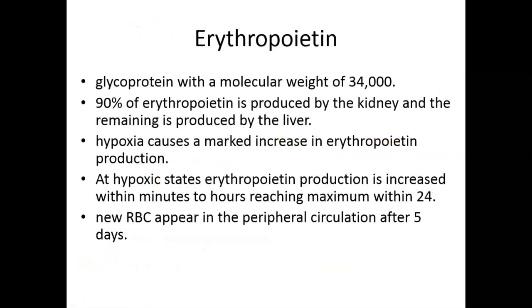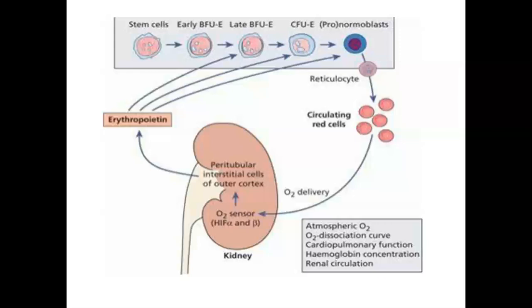شنو الشيء اللي يحفز لي erythropoietin production؟ هذا المخطط هنا راح يوضح لنا. قلنا 90% هو synthesized by the kidney, and we have sensors in the kidney, oxygen sensors.